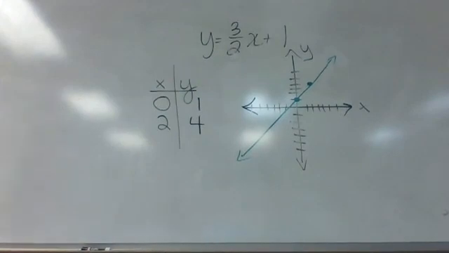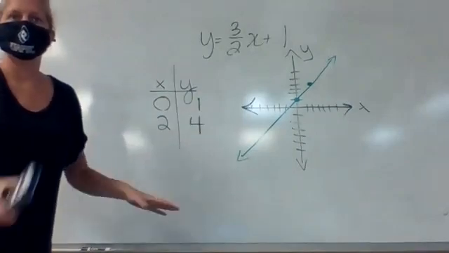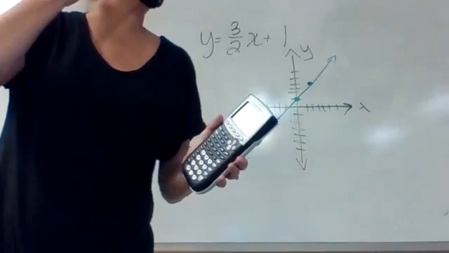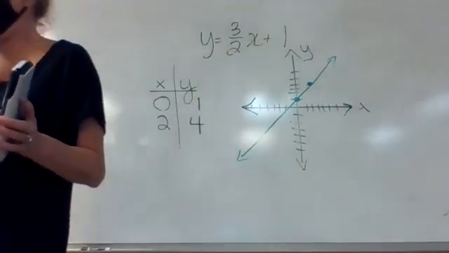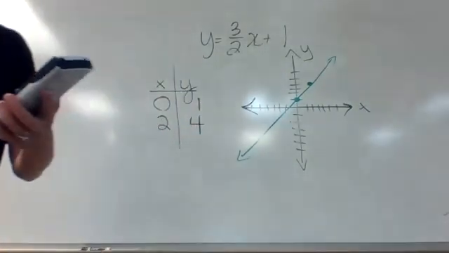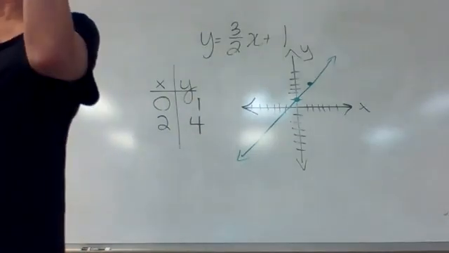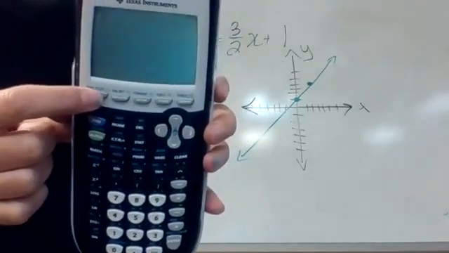So let's say we don't want to do this every time. If you have your calculator, get it out, or if you have the Calculator X app on your phone, there you go. Get it out and go to this Y equals button, which is your top left.